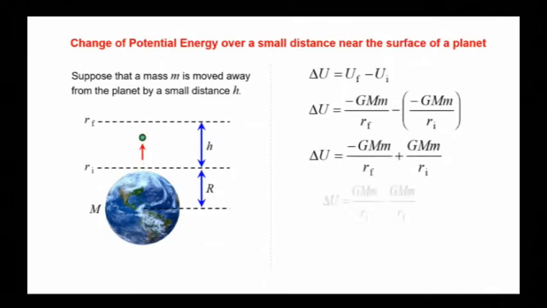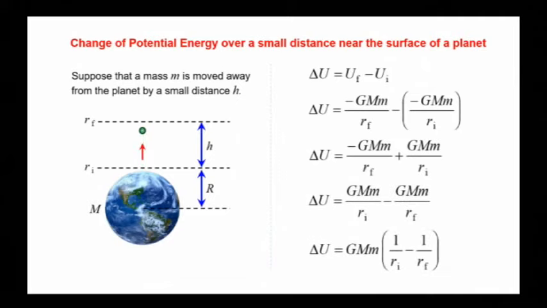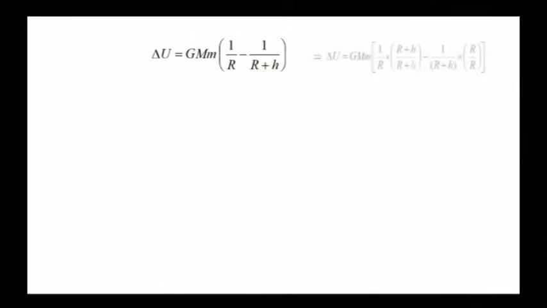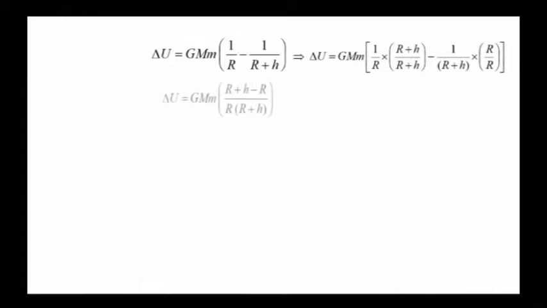Substitute the gravitational potential energy equation, simplify and rearrange the equation. Substitute the initial distance and the final distance into the previous equation and simplify the equation.